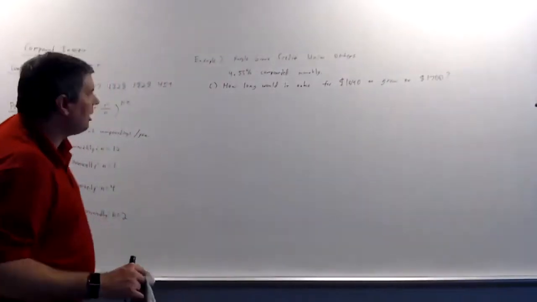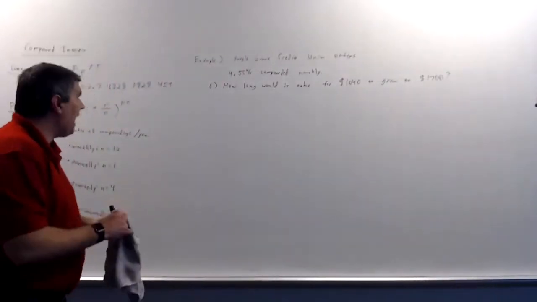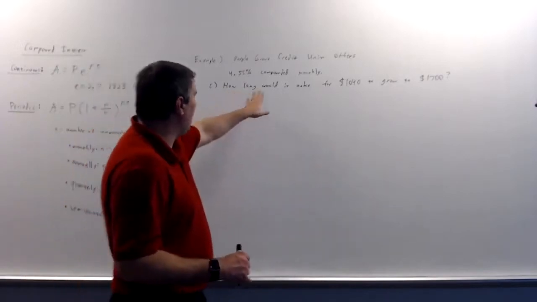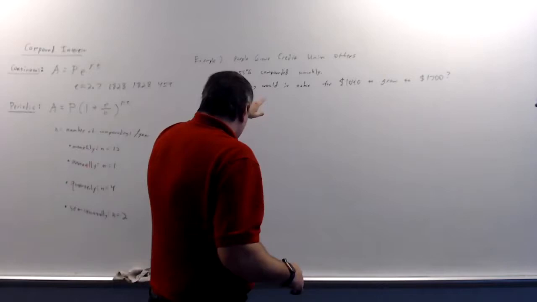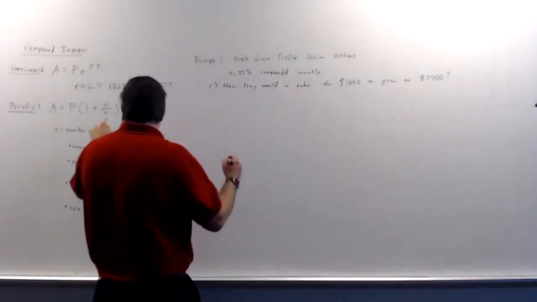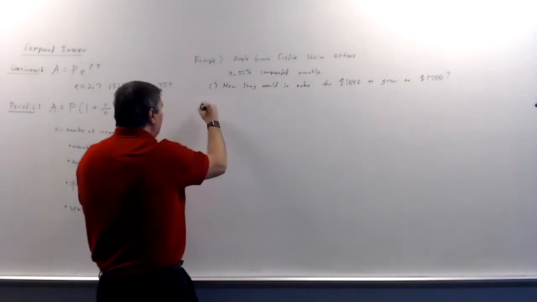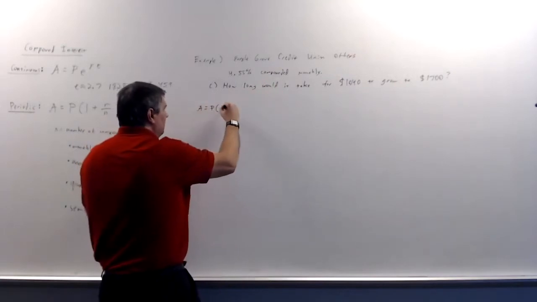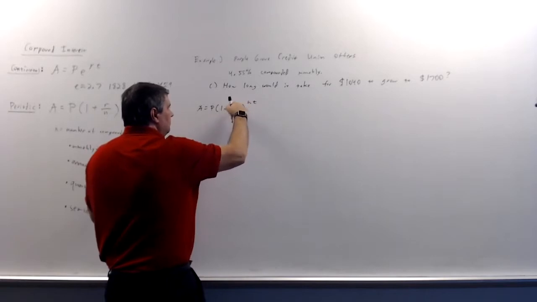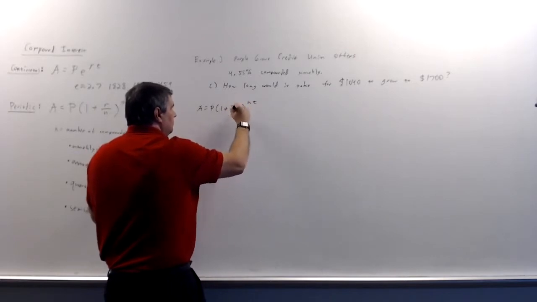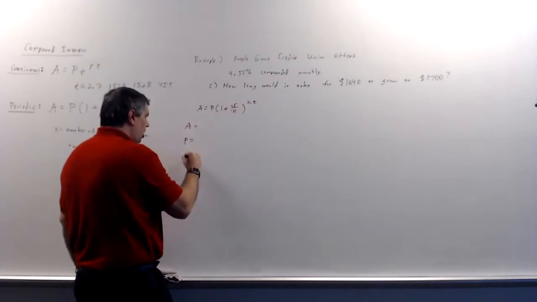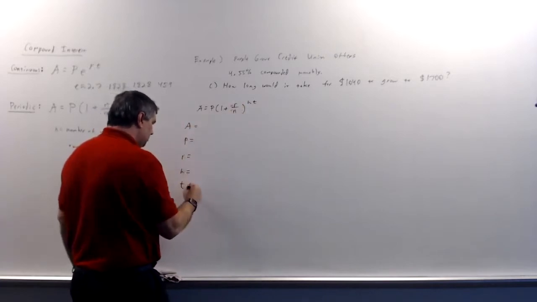Okay, so now we're going to talk about a more advanced problem. How long would it take under these conditions for 1,040 to grow to 1,700? Well, it's periodic, compounded monthly. Okay, so A equals, P equals, R equals, N equals, and T equals.